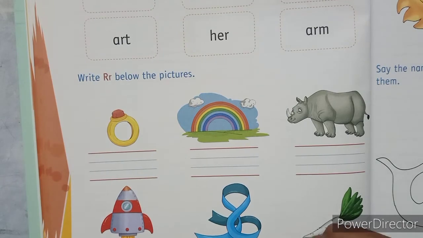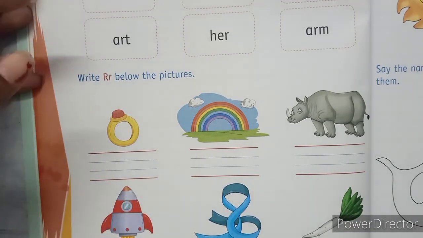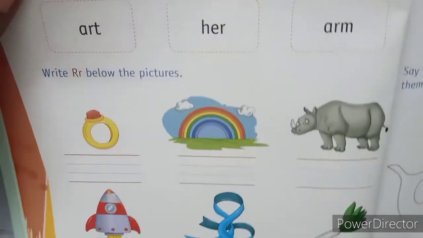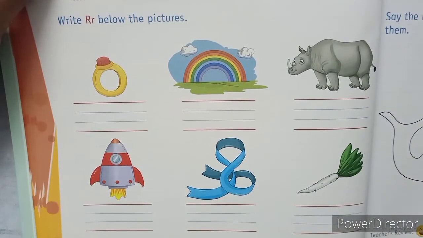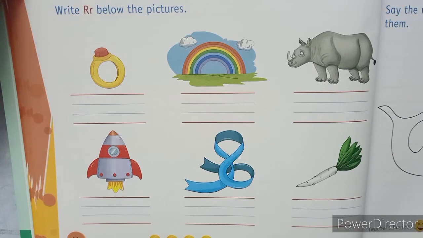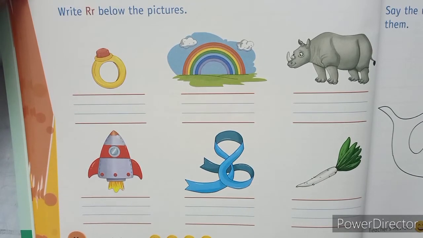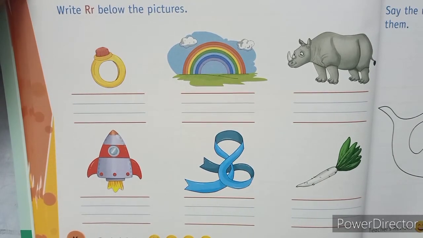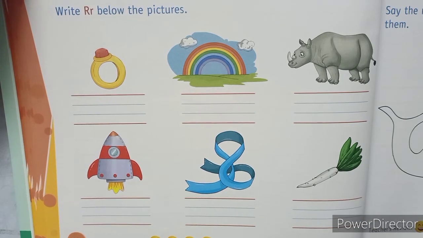So now R for ring, R for rainbow, R for rhinoceros, R for rocket, R for ribbon and R for radish.